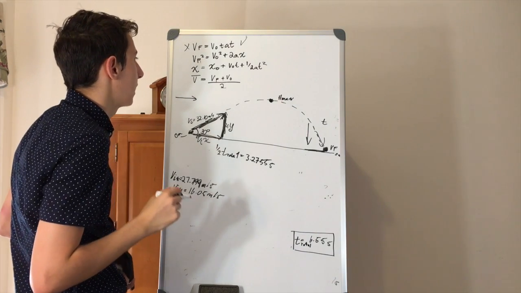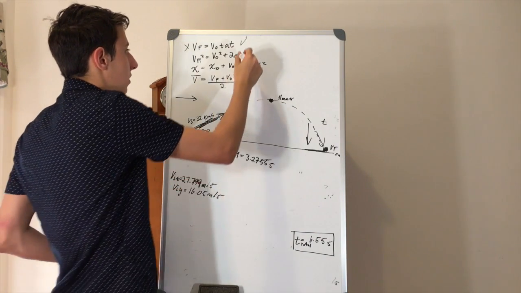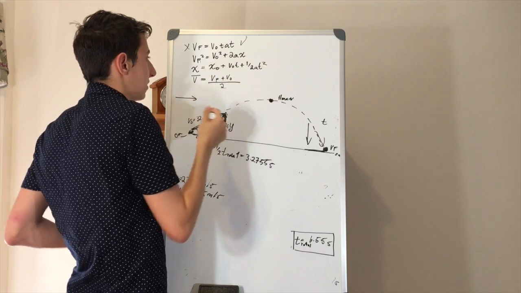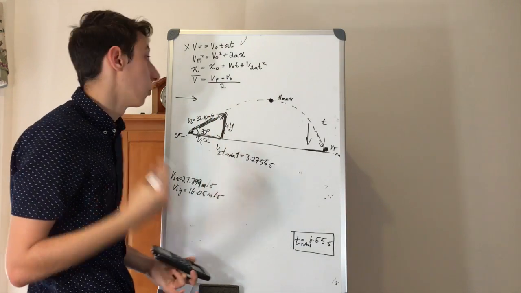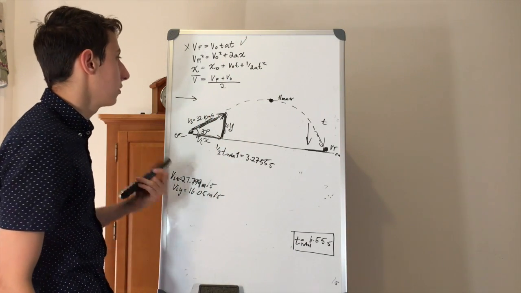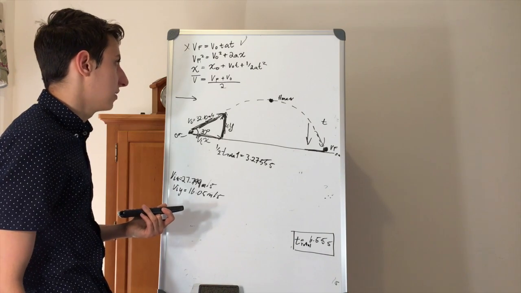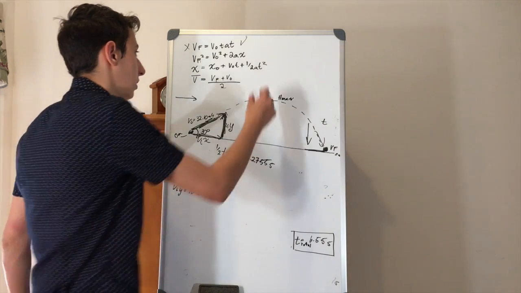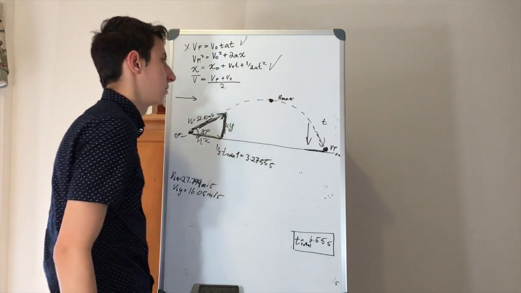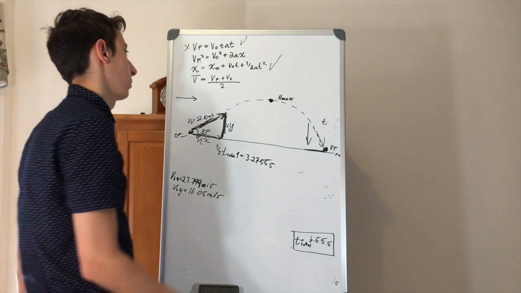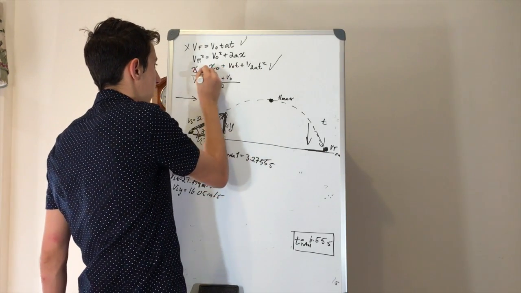And in order to find maximum height, we want to use an equation that has an x, or in this case a y. And by looking at the equations, we see that we can use this equation in order to find our y.